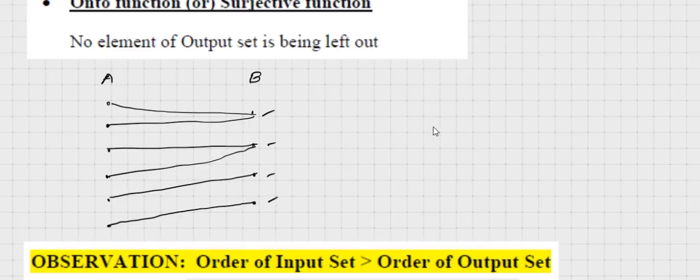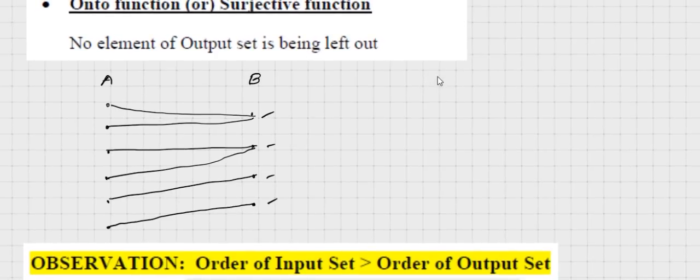See, on the contrary, if I am taking the order of input set less than the order of output set, see what happens. I am just taking 3 elements in the input set and 4 elements in the output set.